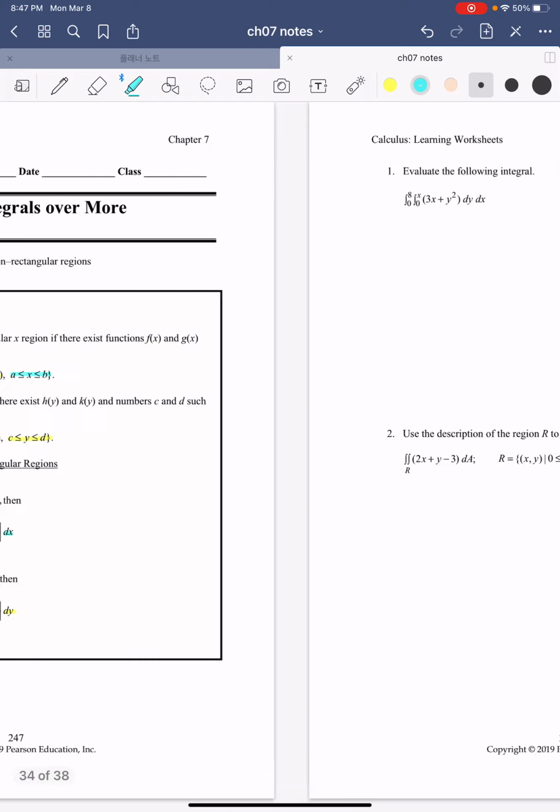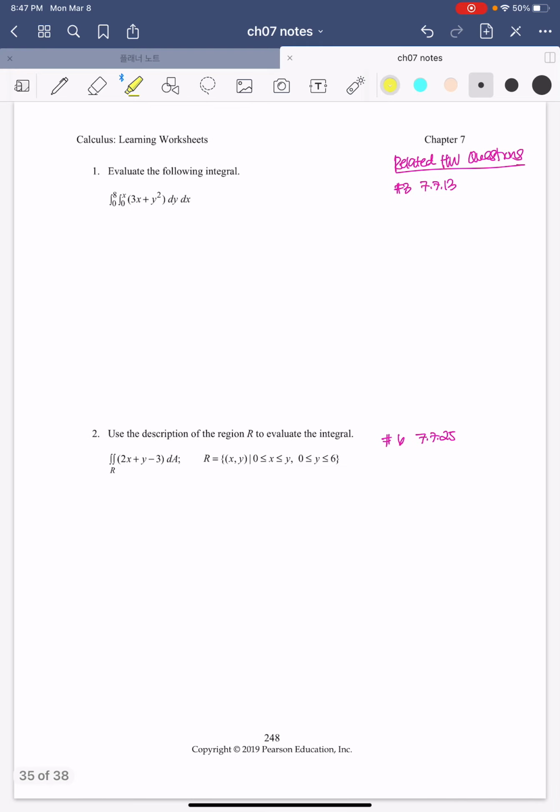The y part was yellow, so this is associated with the y variable, and 0 to 8 is your x value. Just like we did in the earlier section, we start with the inside and then approach the outside. So we integrate the y term first and then x.